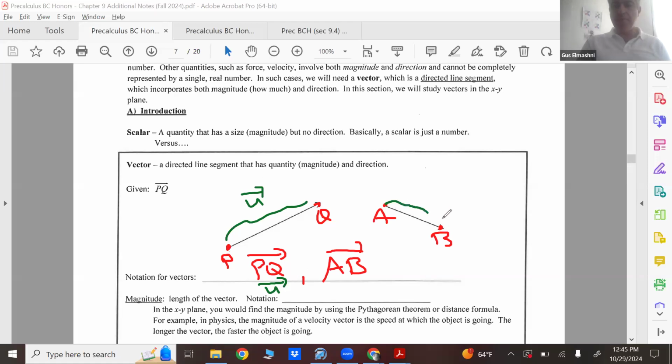Or say I call this V. U and V are very popular notations for vectors. Just various notations you guys can use. This obviously is my initial point. And that, of course, is my terminal point where it ends.